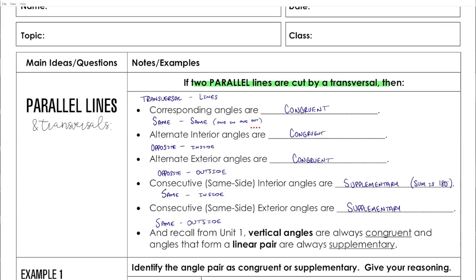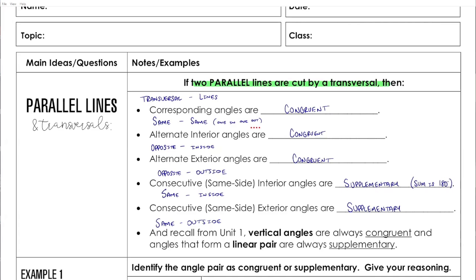It even screamed at us: if 2 parallel lines are cut by a transversal, then the following is true. Corresponding angles are congruent. Alternate interior congruent, alternate exterior congruent, same side interior supplementary, which of course means that our sum is 180 degrees. And then consecutive, aka same side exterior, were also supplementary.